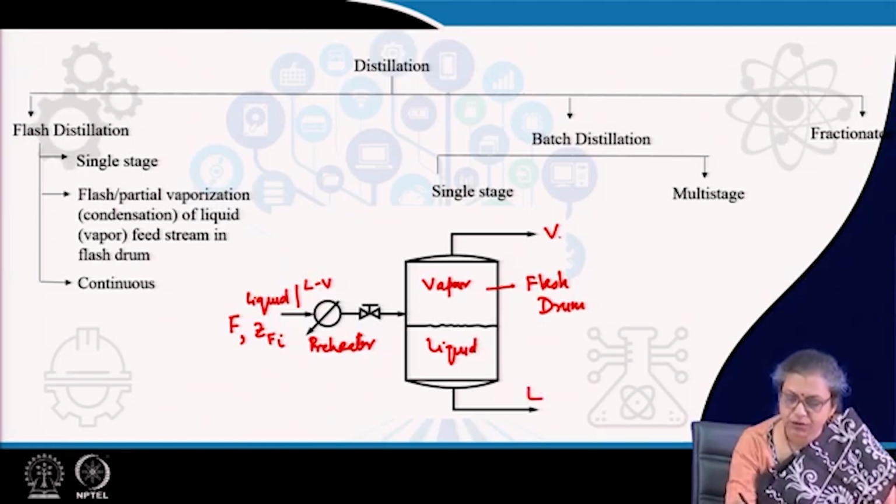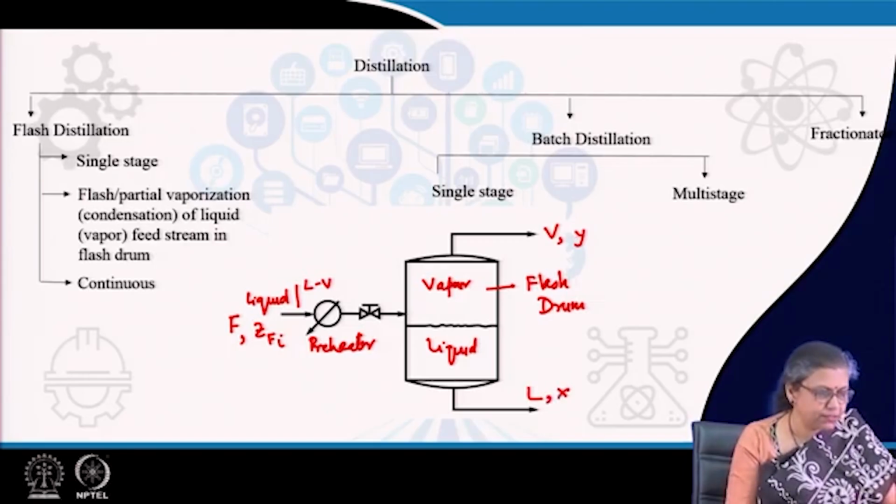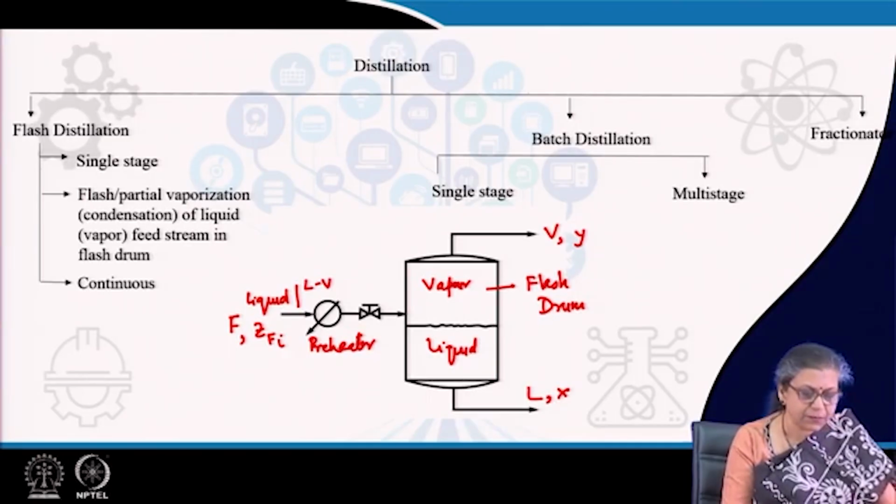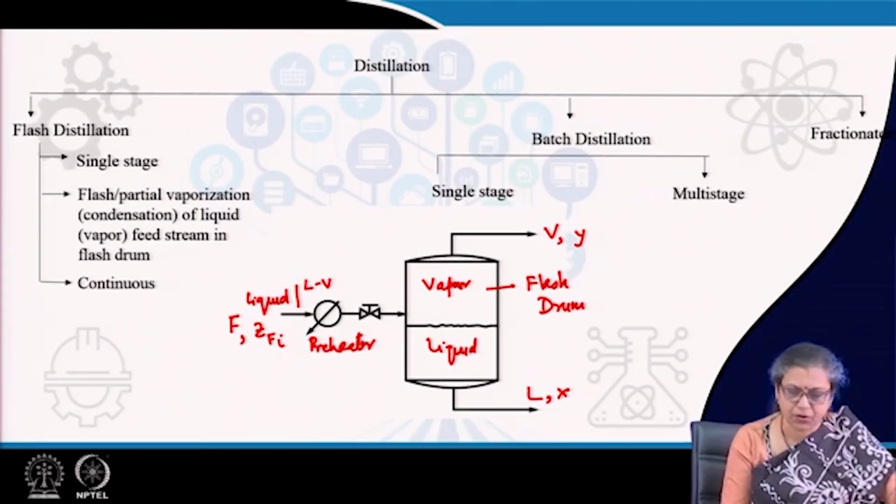The composition of the vapor phase is denoted by Y. The composition of the liquid phase is denoted by X. This particular process is always continuous, and this is the process that we use, right.